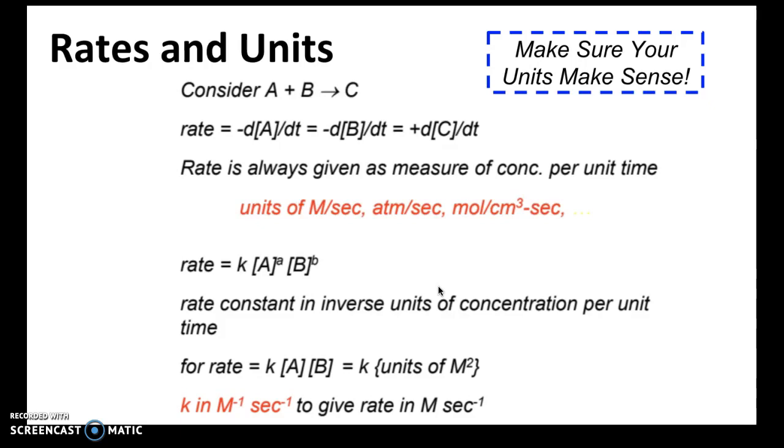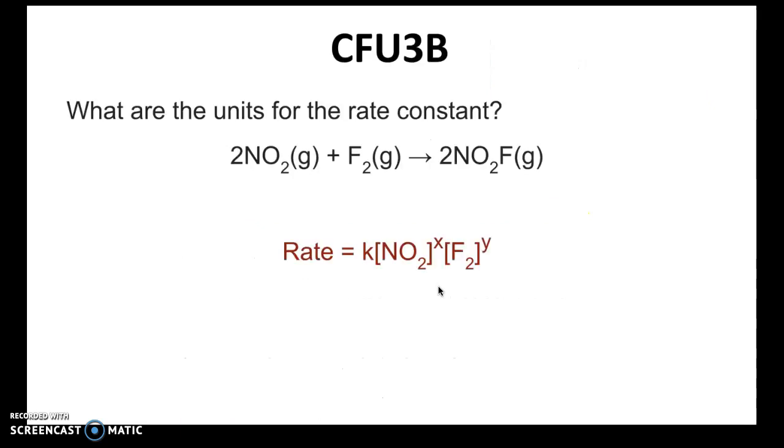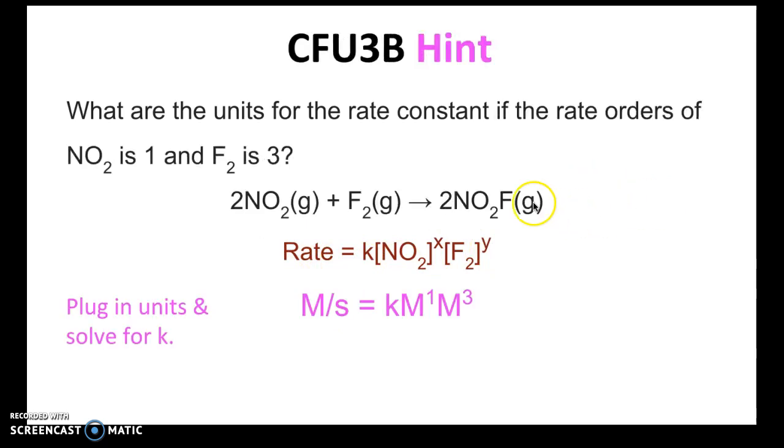Okay, so let's see if you can try this. The CFU is not written there, but it's actually feeding off of the previous CFU. I want you to find the units for the rate constant. Remember, the rate itself is going to be in molar per second. My hint for how to solve that is to plug the units in.